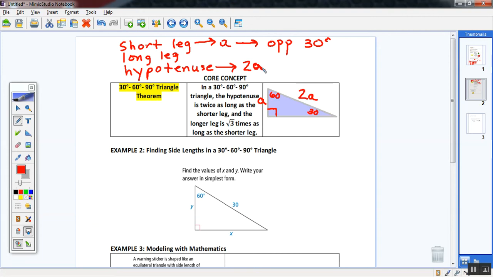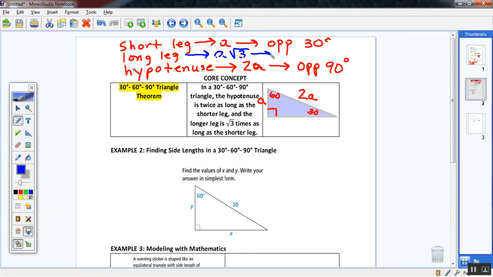Okay. The hypotenuse is always opposite your 90-degree angle. Okay? So we know those two, but the one that's kind of special for us is the long leg. The long leg right here becomes the following. It becomes your short leg A times the square root of 3. Okay?